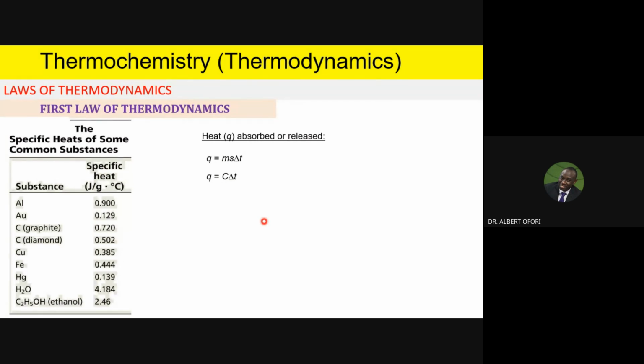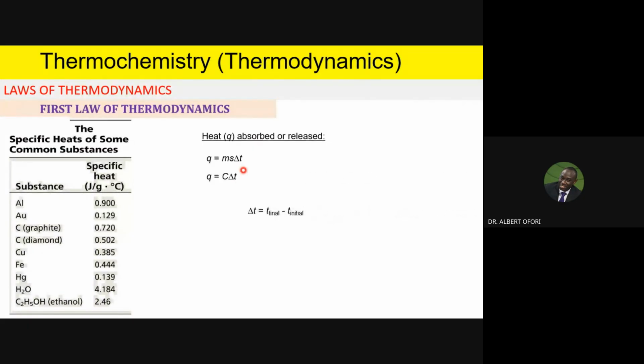So the difference is just you being specific. We can equally say that heat is equal to the heat capacity times the change in temperature. If you are specific enough, then we should consider the mass involved, which is the mass times the specific heat capacity times the change in temperature.